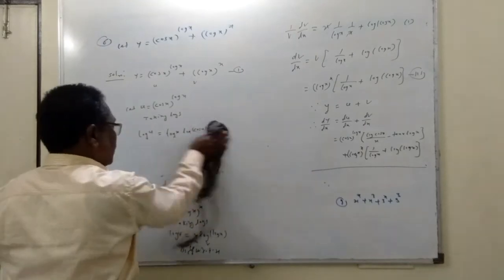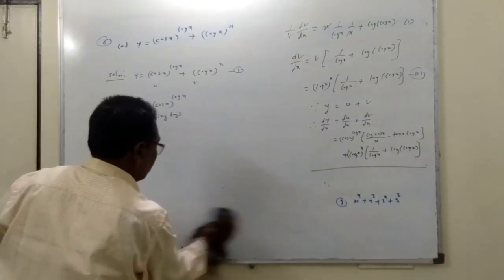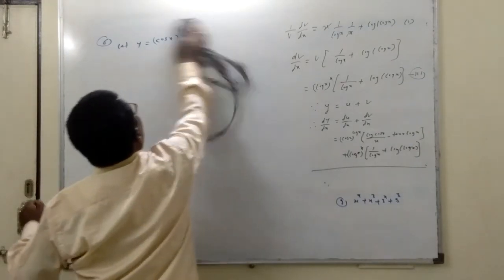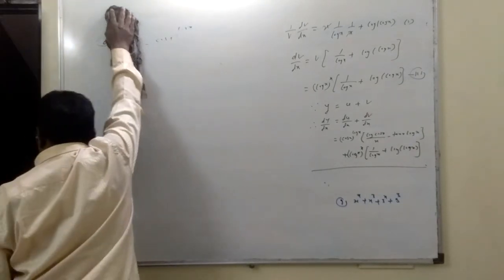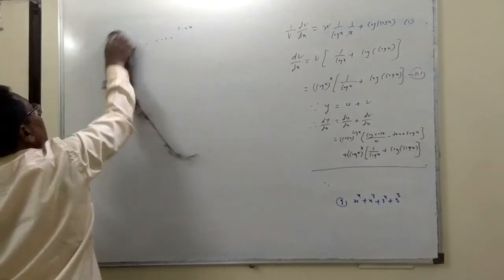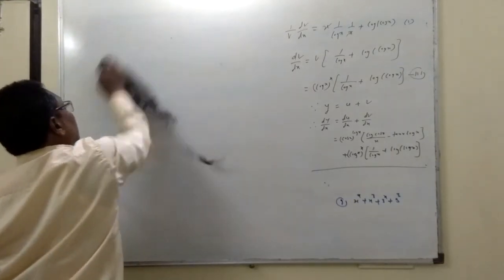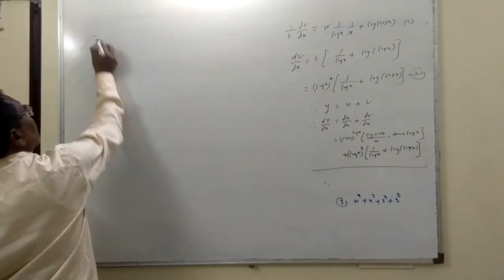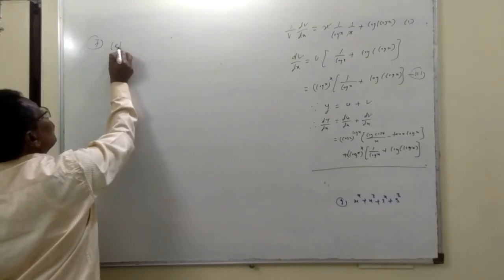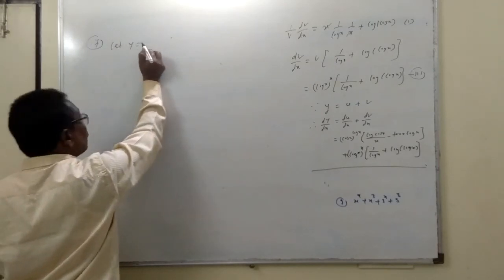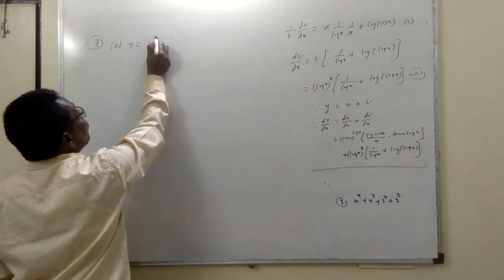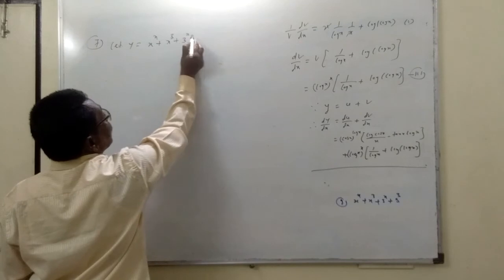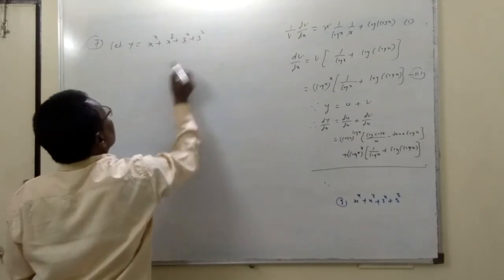Now the last example, we will take the seventh example. Let y equal x raised to x plus x cube plus 3 raised to x plus 3 raised to 3.